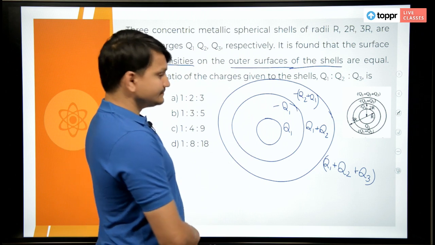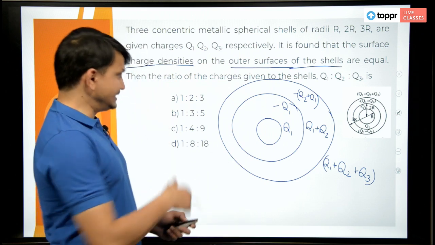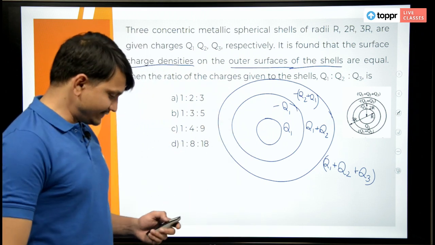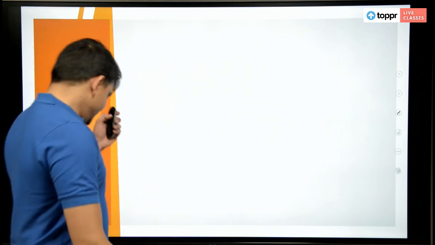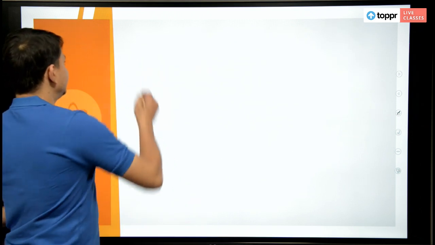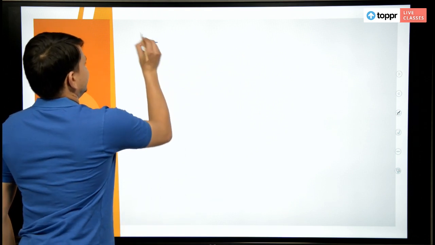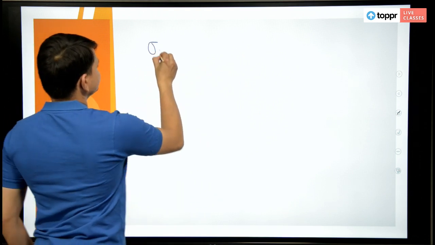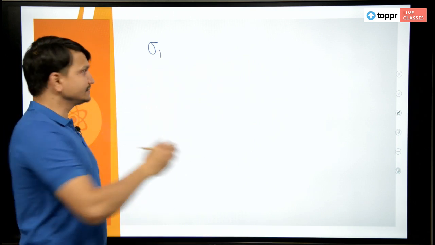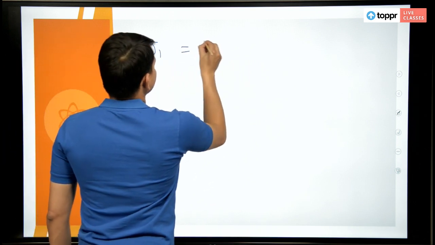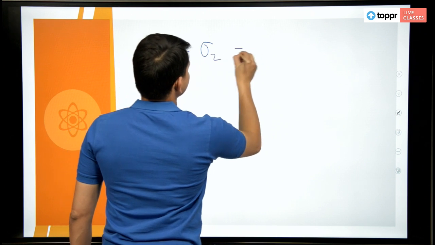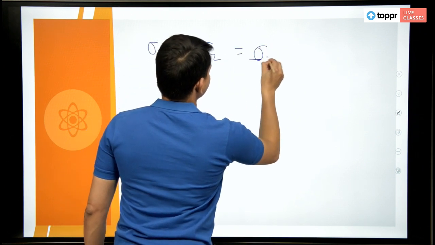Let us discuss the charge density on the next page, we do not have space here. We know that charge density, let us say sigma, sigma 1 equals sigma 2 equals sigma 3, all are equal.